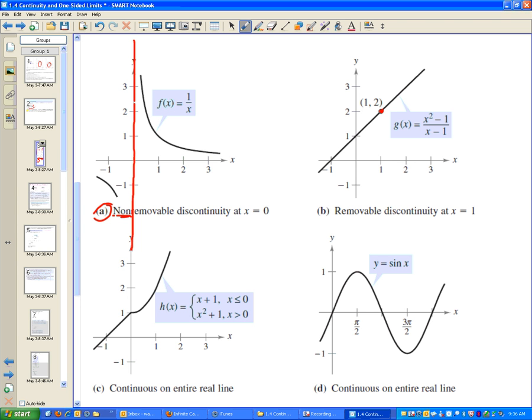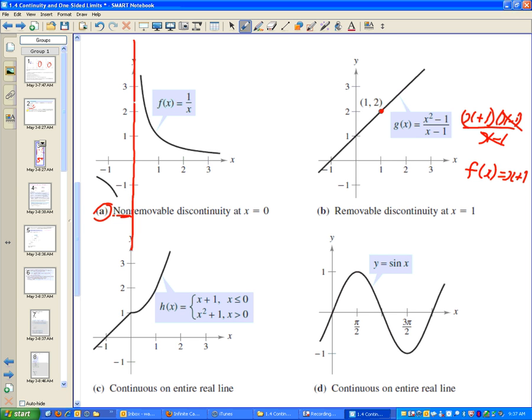Okay? How would we do that? Rewrite it, call it f of x now instead of g of x, and that's a continuous function, and there's not a hole at the point (1, 2) anymore, is there? We removed the discontinuity.